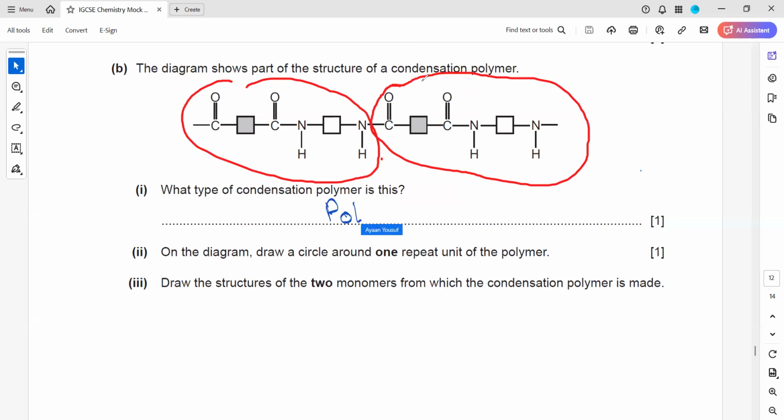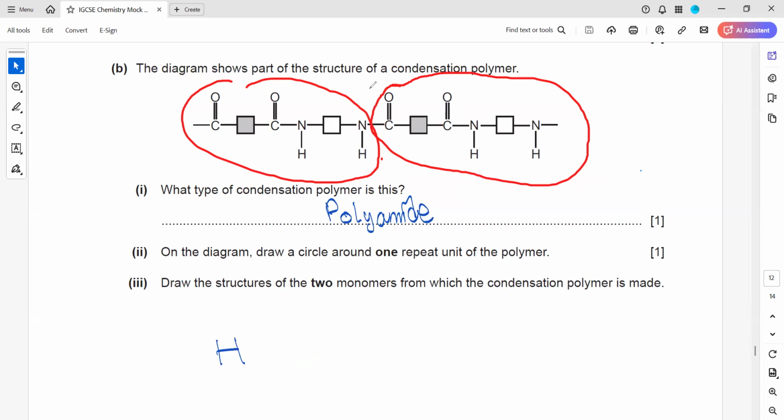A polyamide is a polymer which contains amide linkages. Nylon is an example of a polyamide. It's a polymer which contains amide or peptide linkage. Draw the structure of the two monomers.